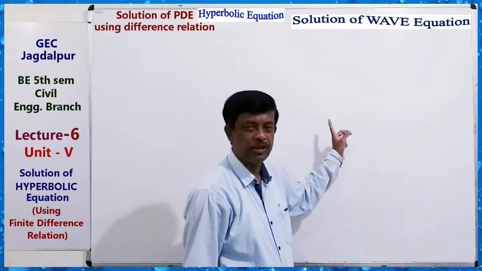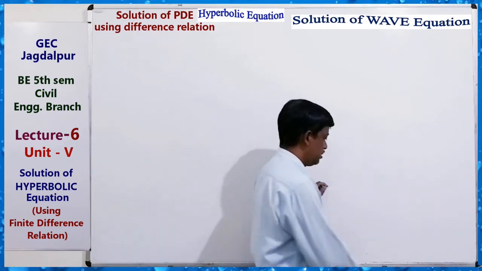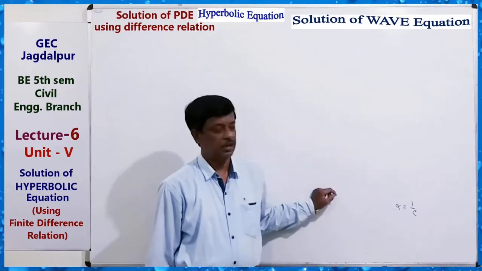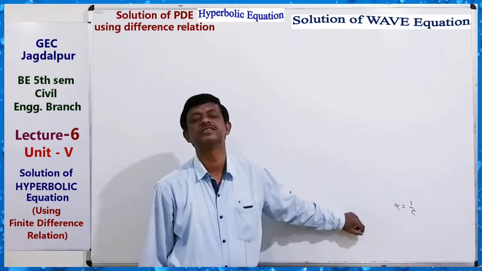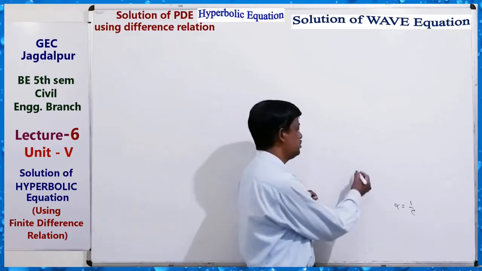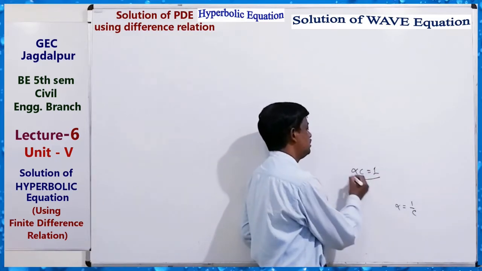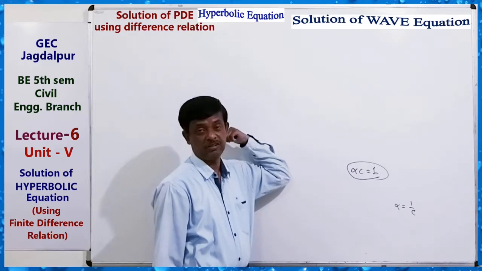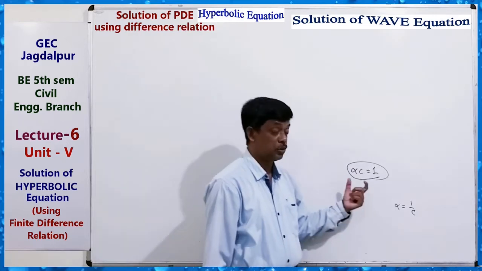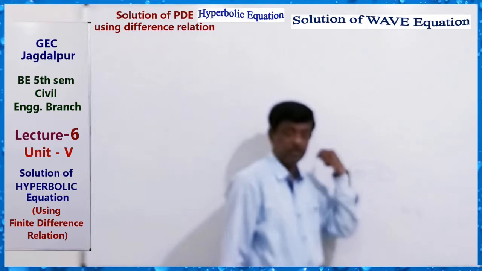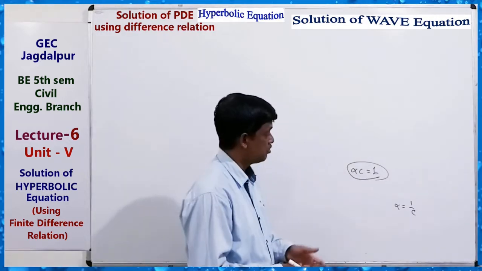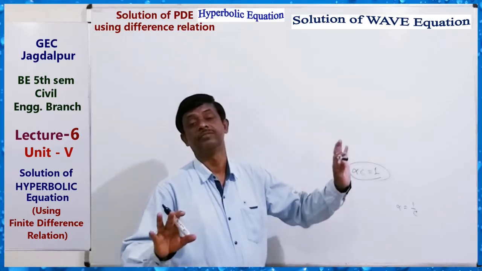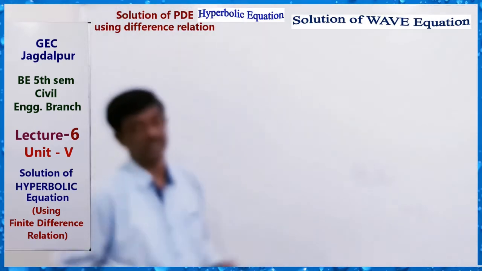Also in this formula, if alpha equals 1 by c, just remember this. Alpha equals 1 by c means alpha c equals 1, then the formula is the explicit formula, and the solution found by using that formula will be stable and exact for the given equation.